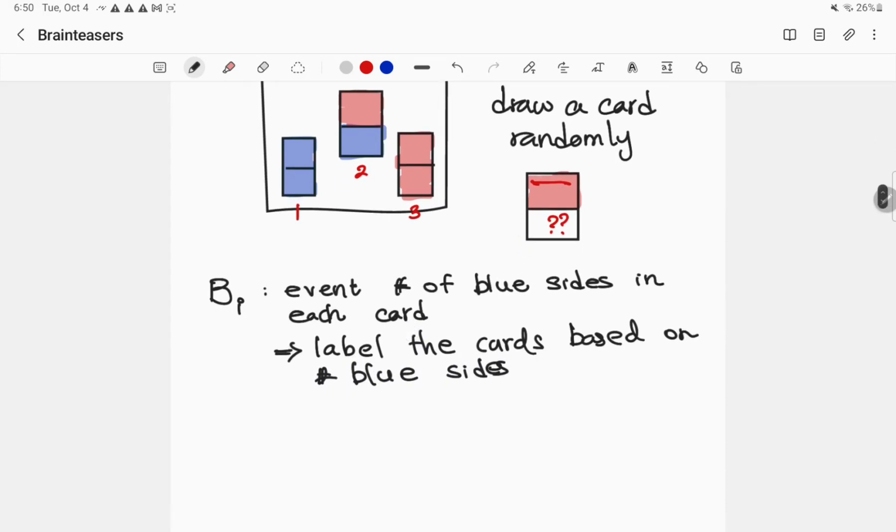For example, Bi can be 0, 1. So in Bi, i can be 0, 1 and 2.